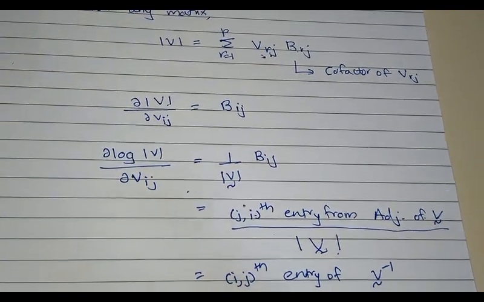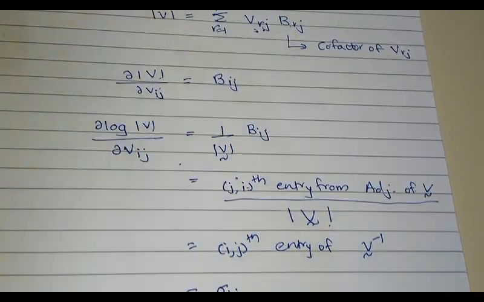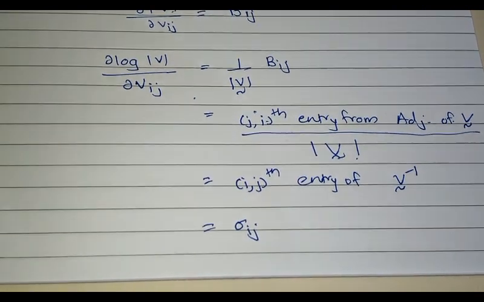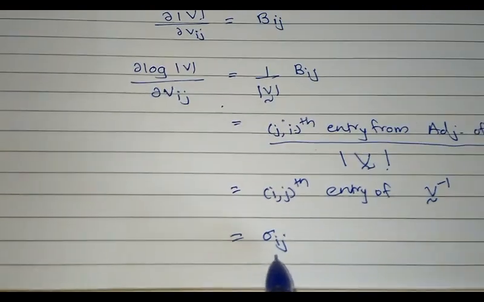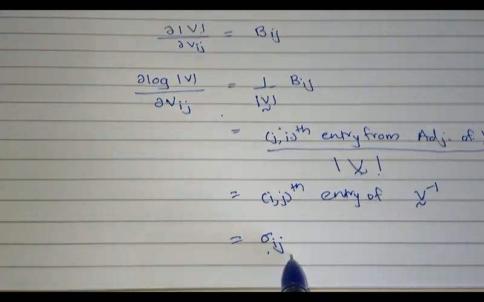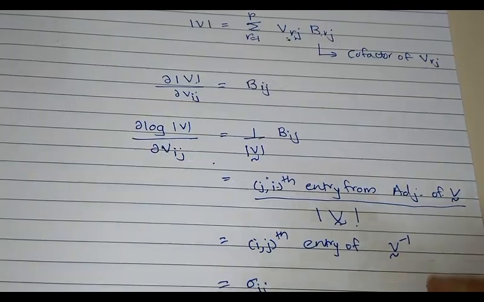Ijth entry from V inverse, and because V inverse is sigma, it is nothing but sigma ij. Okay, so dabba log V upon dabba Vij turns out to be just sigma ij. So even though it seems complicated, the answer turns out to be quite easy. So the second term, differentiating with respect to the second term is done.